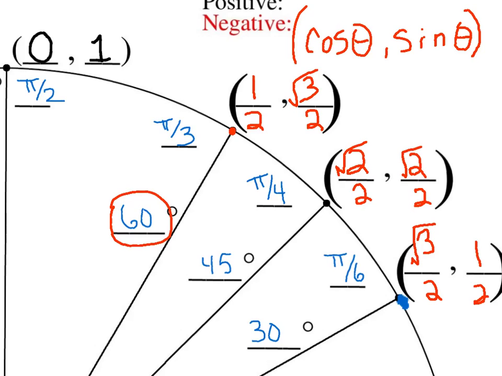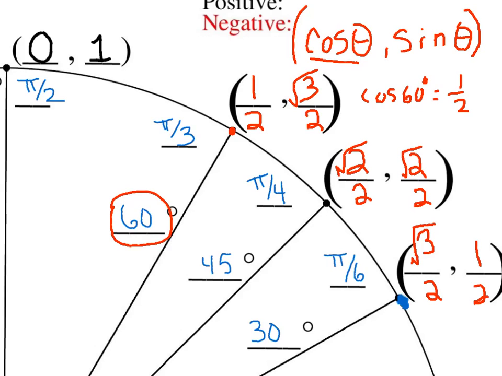At the end of that radius, we can see the point that's 1/2 and then the square root of 3 over 2. The cosine of 60 degrees then should be equal to the x value in this ordered pair, which is equal to 1/2.